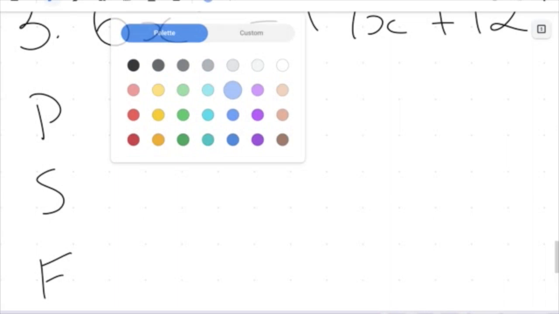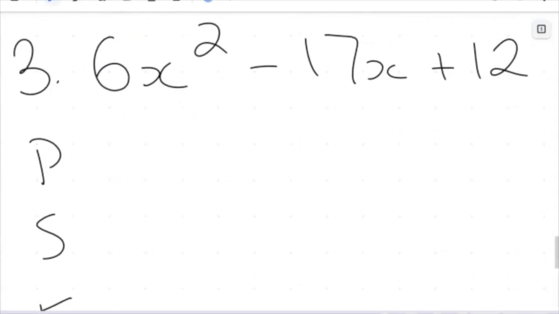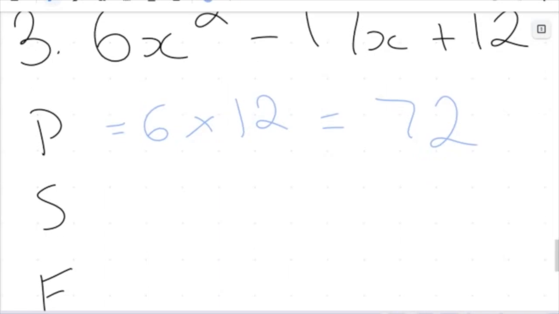So my product, I want two factors that multiply to give me the value of 6 times 12, which is 72.